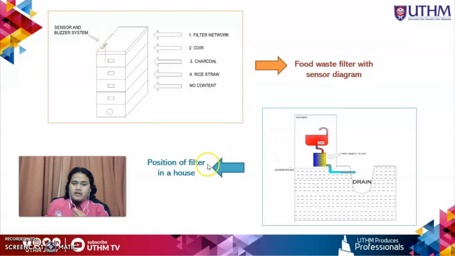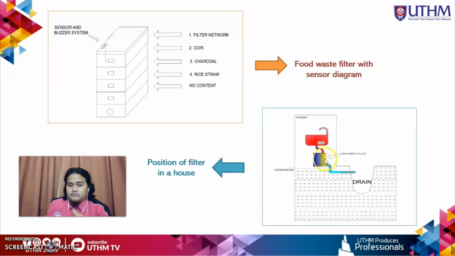The position for this filter is that it will be installed under the sink. The food waste from the kitchen sink will flow through the filter before being discharged through the drain pipe. From this method, all the food waste will be filtered in the food waste filter before being discharged to the drain.